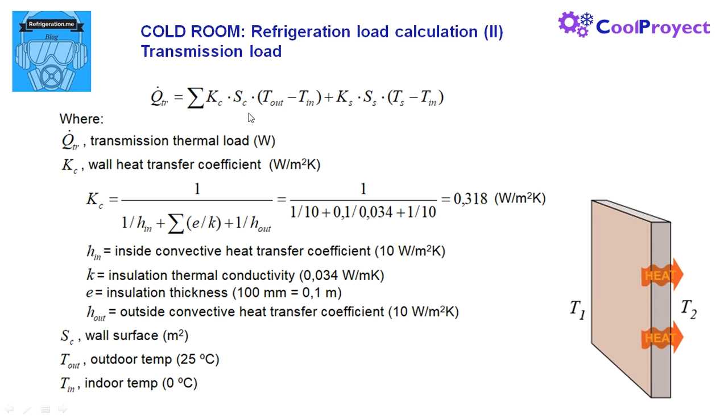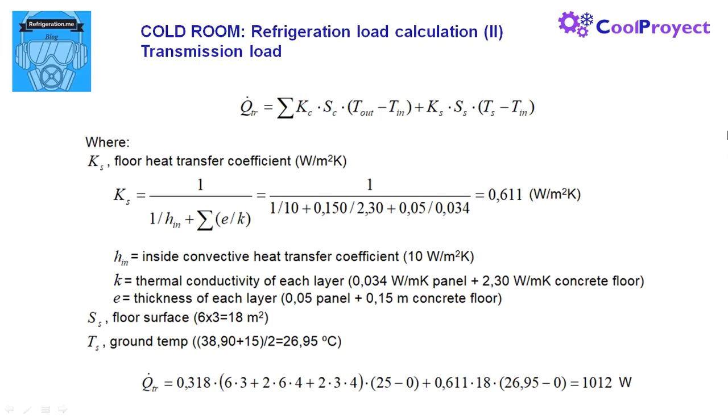We have to apply this formula for every wall and the roof separately, and we have to add these products for each wall and the roof. And separately we have the floor.